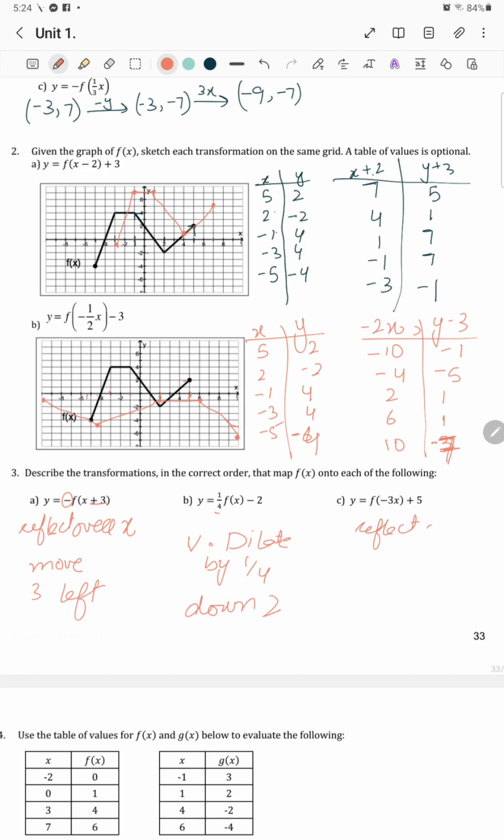Reflect over y, dilate by 1 by 3 and move up 5.